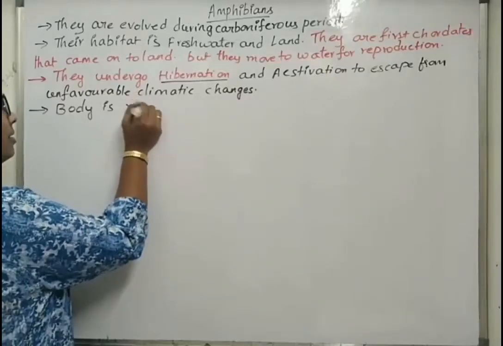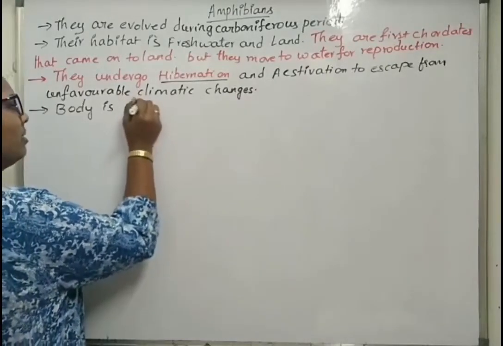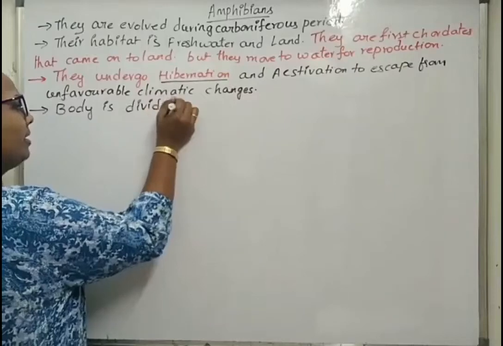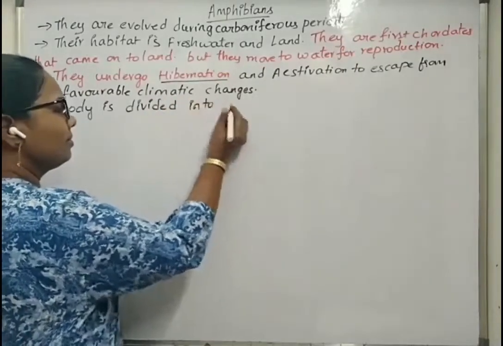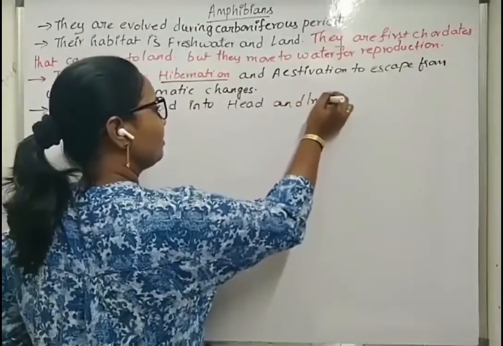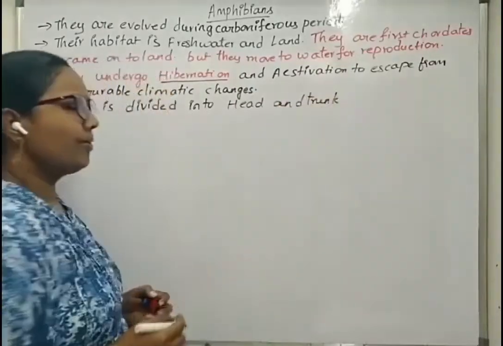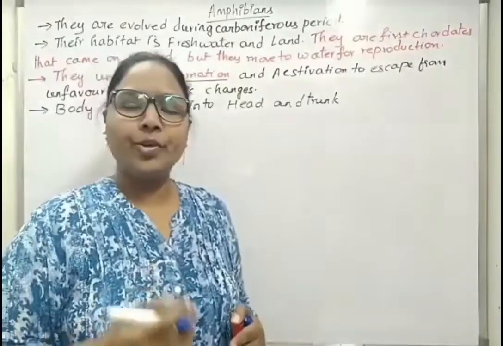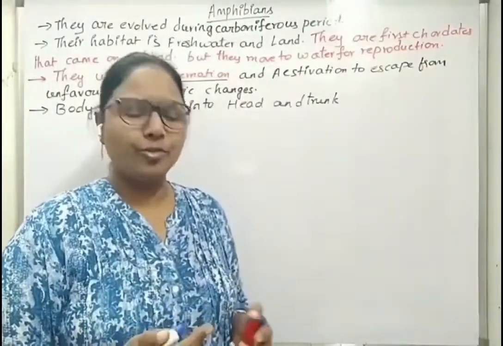Body is divided into head and trunk. They have forelimbs and hind limbs. Forelimbs have 4 digits or 4 fingers.